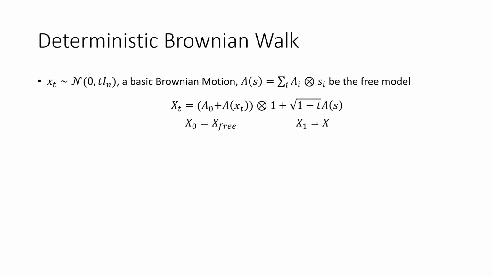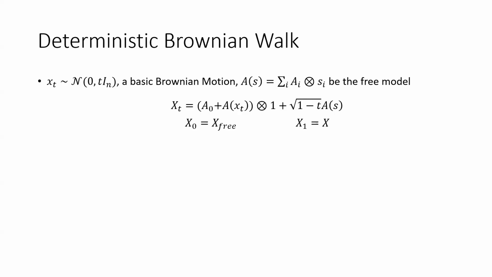And I want to do an interpolation between X and X free in this way, where you see that when t is equal to 0, this is equal to X free, because all the mass is on the free part. And when t is equal to 1, this is equal to X, because all the mass is on the finite dimensional part.